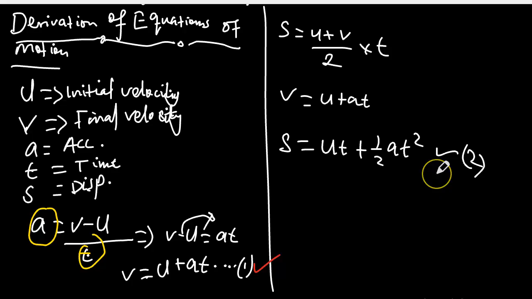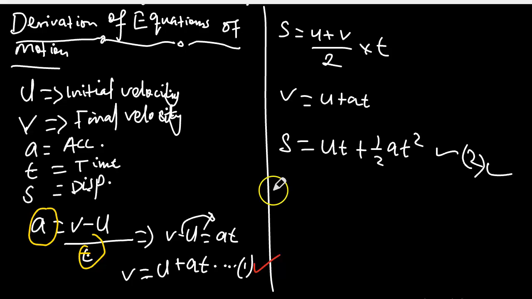The third equation of motion is simply from this second equation of motion, like we have seen. So for us to derive the third equation, we simply need to start from the second equation and substitute the first equation.